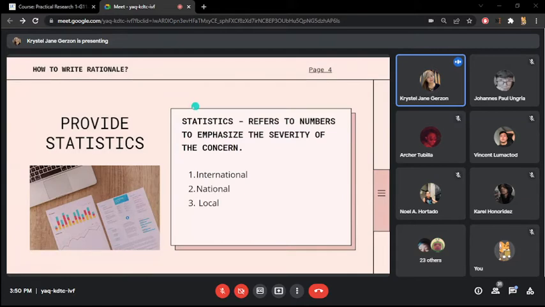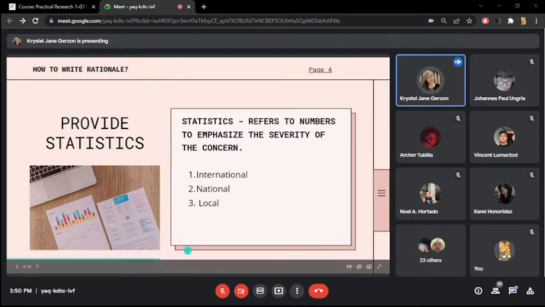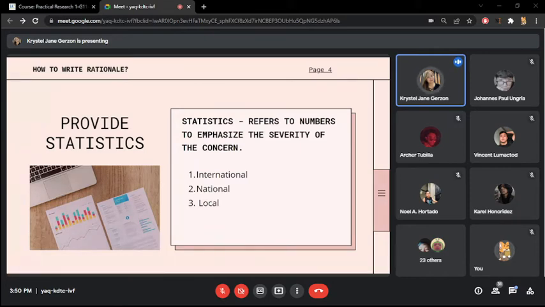For us to really give evidence that online game addiction is not an isolated problem that is only felt in a very isolated place, we have to provide statistics, international, national, and local, to show your readers that this is really a problem that needs to be addressed soon, because not only a few have experienced this, but a lot.